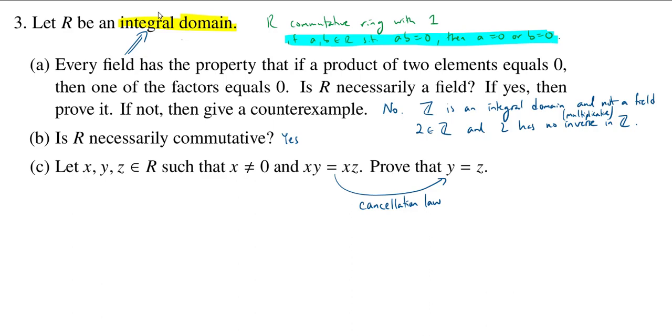In fact, we are going to use this zero factor property. If xy is equal to xz, then instead of dividing by x, I'm going to subtract xz. Now I can use the distributive property to factor out an x.